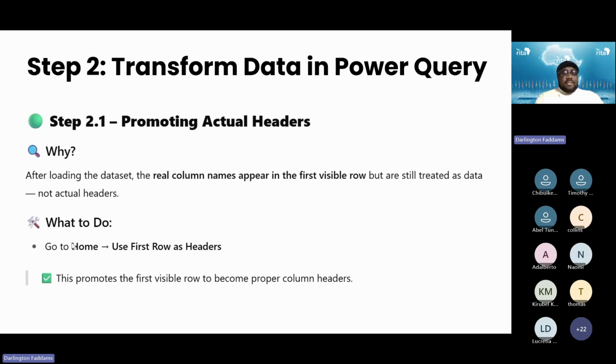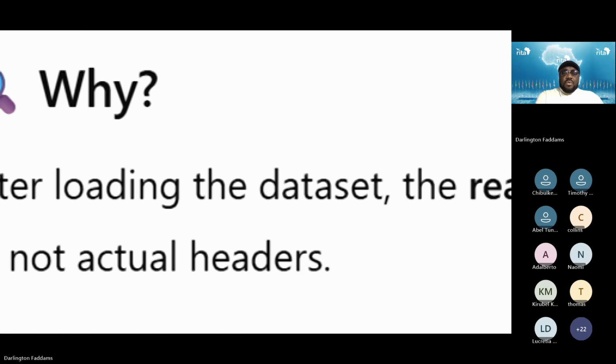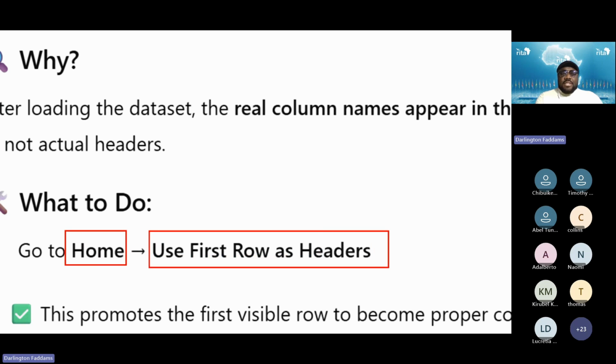To do that, please follow this and go to Home. On the Home tab, you are going to see Use First Row as Headers. Please do that, and if it works, tell me done in the chat. Go to Home and click on Use First Row as Headers.